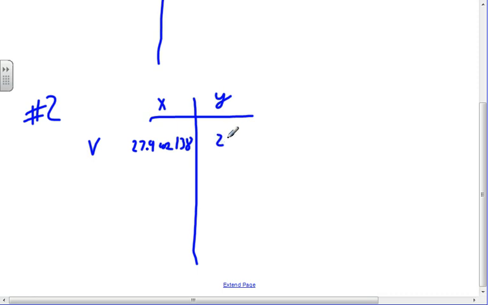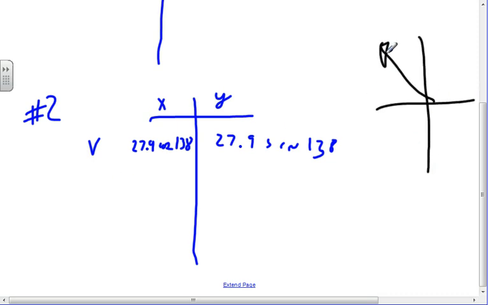And my y component is 27.9 sine 138. Same 138 as before. Oh, I'm supposed to put it in standard position. Oh, well, there, it's in standard position. But I need my x and y components.